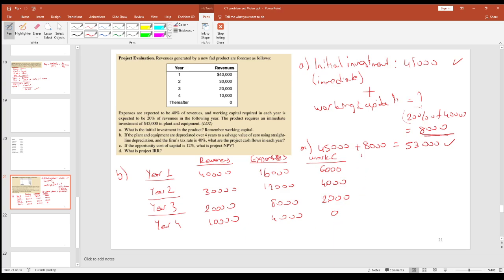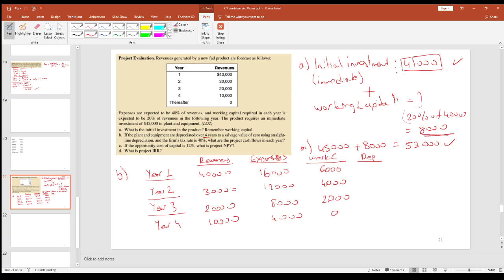So what else? Depreciation. We need to write here depreciation. So what is depreciation for this? Well, how much we invested at the beginning? Initial investment was 45,000. So in the problem here they say 4 years to salvage value.